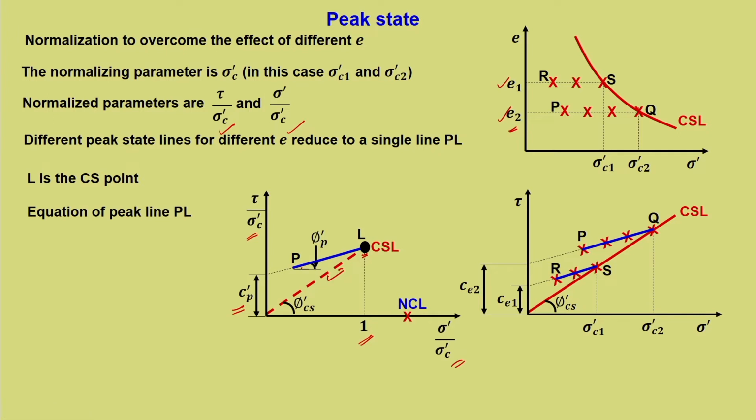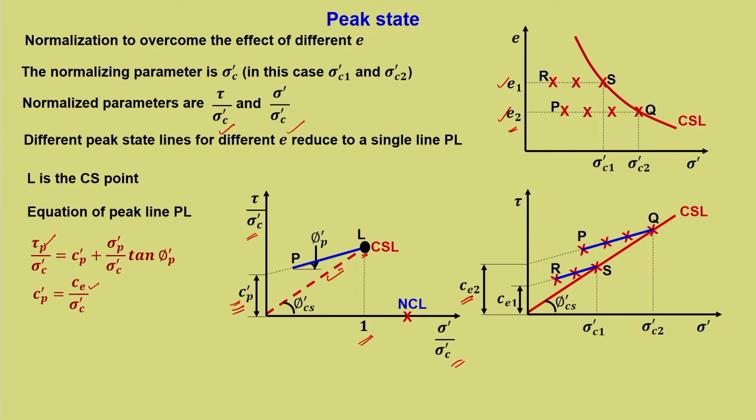Now, we can always write the equation of the peak line PL, which is the normalized plot, as tau divided by sigma dash. Now, I have added tau p here just to make sure that it is the point on the peak line PL. So, tau p by sigma dash C is equal to C dash P plus sigma dash P by sigma dash C tan phi dash P, in which C dash P can be written as Ce upon sigma dash C. Ce is the cohesion corresponding to a given void ratio.